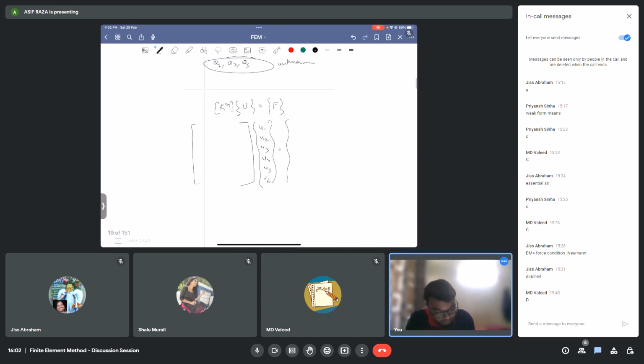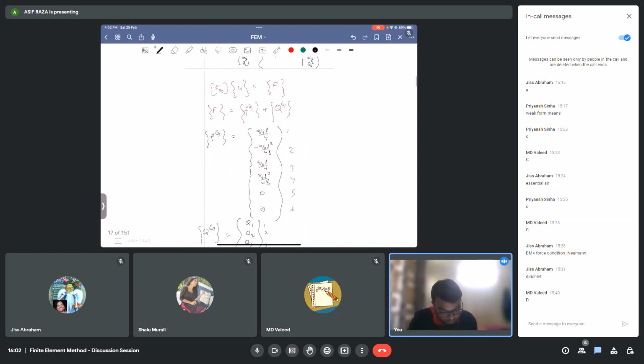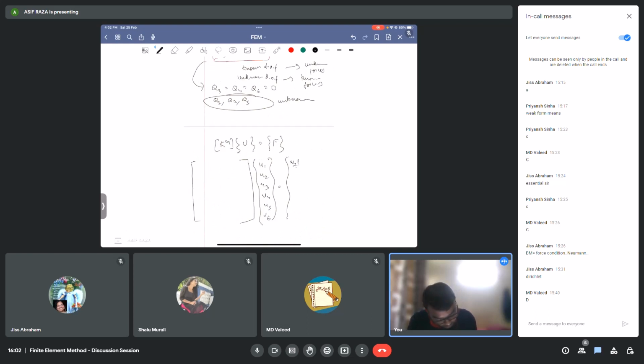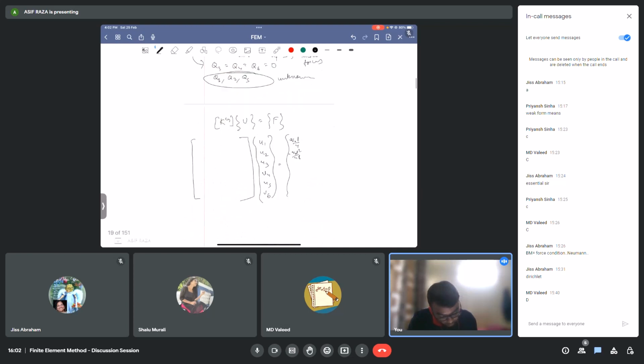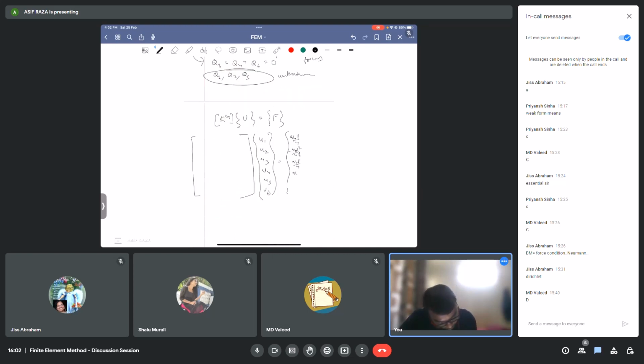This I can write as q0 L by 4, q0 L square by 48, q0 L by 4, q0 L square by 48, 0, 0, plus this will be q1, q2, 0, 0, q5 and 0. So this is 0, this is 0, and u5 is 0.